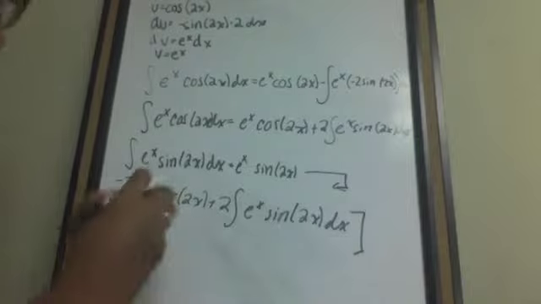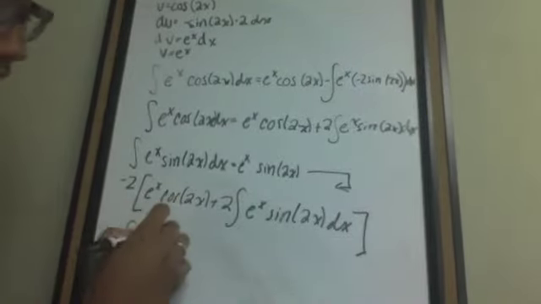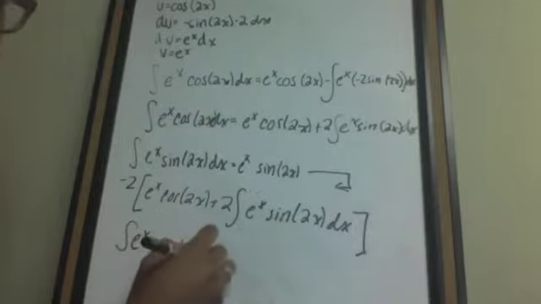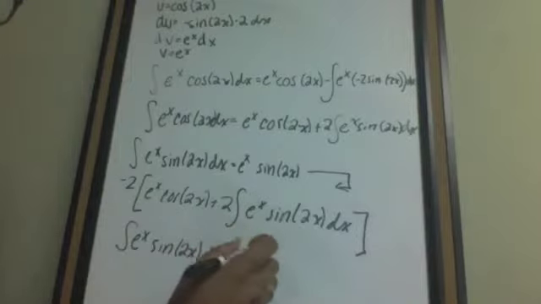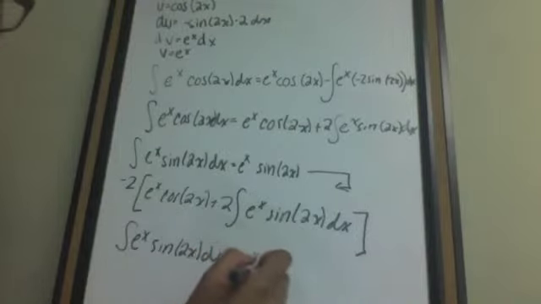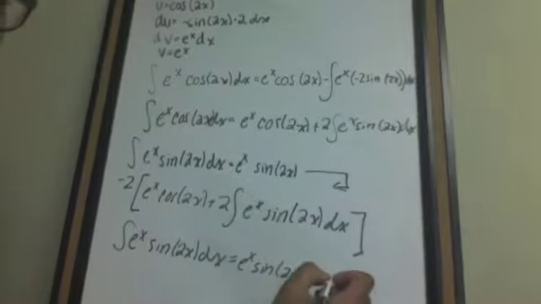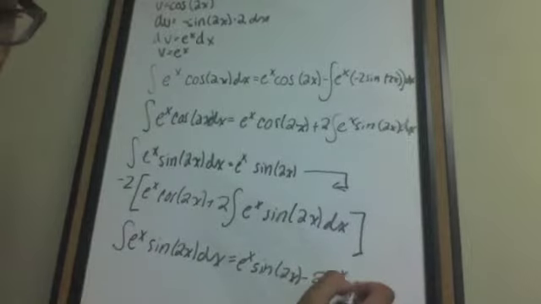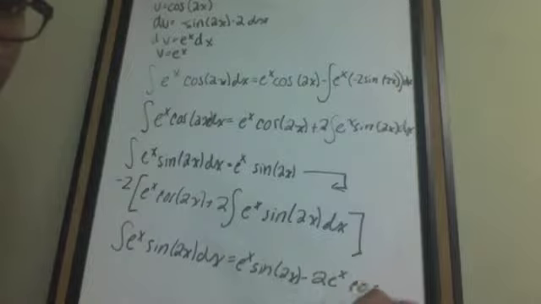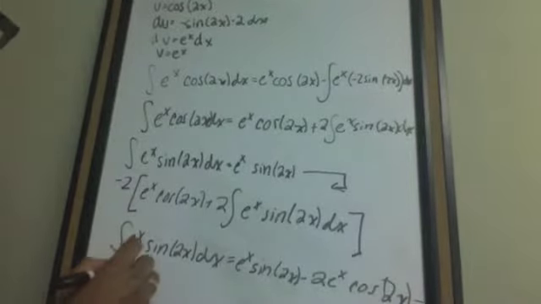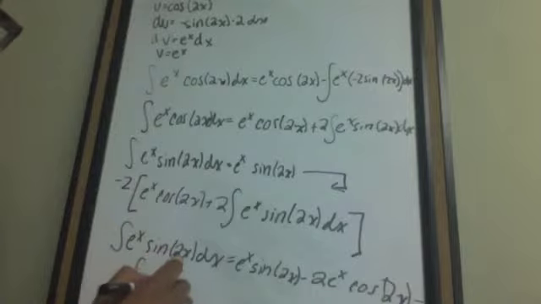Okay. And now, our next line, hopefully I can fit all in one line, is the integral of e to the x sine of 2x dx, which is the same as before, equals e to the x sine of 2x minus 2 e to the x cosine of 2x, alright, I'm going to have to put another line, minus 4 times the integral of e to the x sine 2x dx.